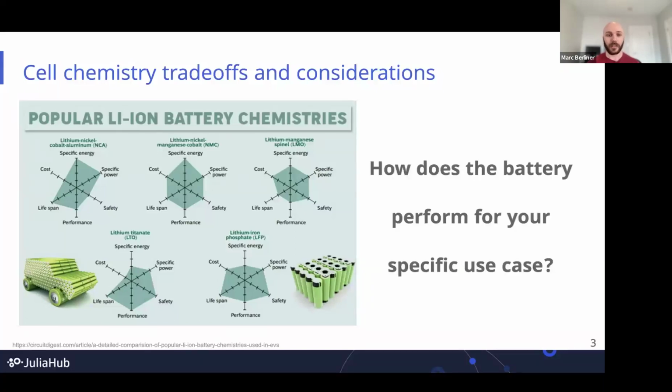So something like an EV performance is greatly different than what you would expect in grid storage or in electric scooters. So you can't just look at these charts to try to nail down what specific chemistry you need for your application. You need a really detailed analysis and some kind of way of testing your use case with these various battery chemistries that are available out there.